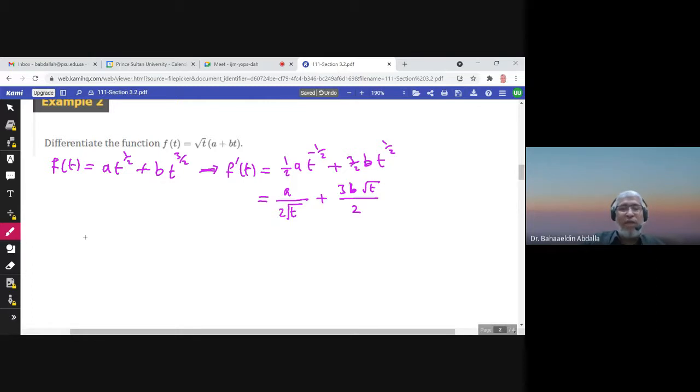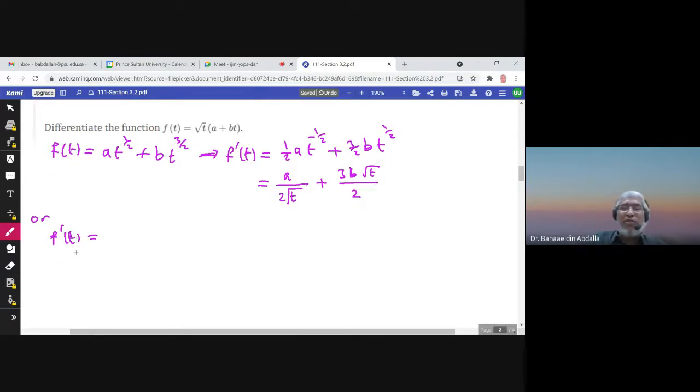That's okay. And let me now use the product rule to find the derivative of f. I have function times function. So the product rule says the derivative of the first function, which is square root of t.